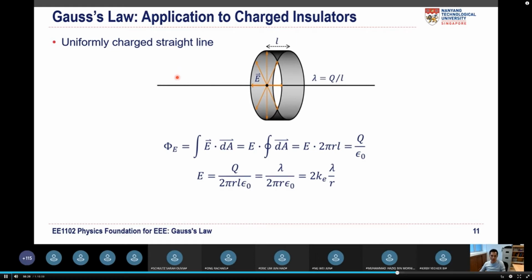So all that will survive is something directed outwards from the line itself. So this orange line is the electric field. These are the electric field lines that will be created by this uniformly charged straight line. Is that a clear picture to you?